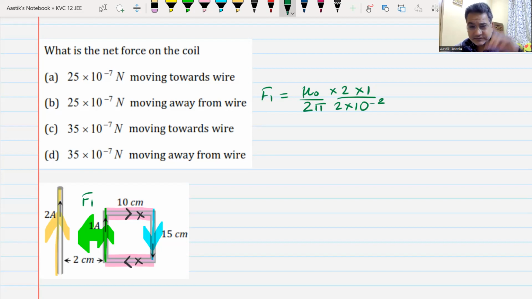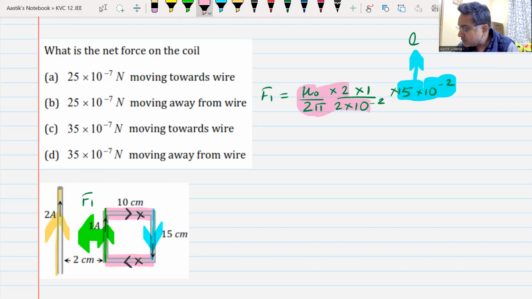I forgot the length. F = I L B, with L being 15 into 10 raised to the power minus 2, the length of the wire. This mu naught I by 2 pi r is the magnetic field, and this one is the current.